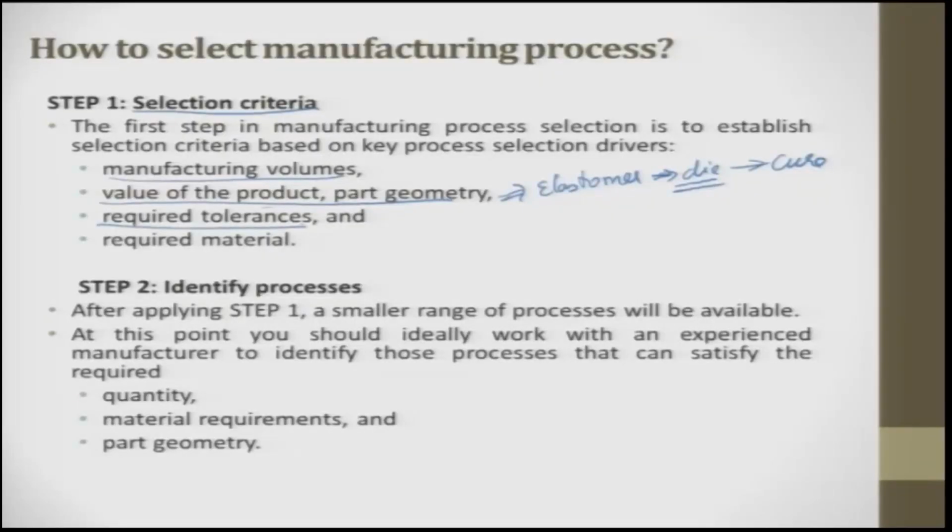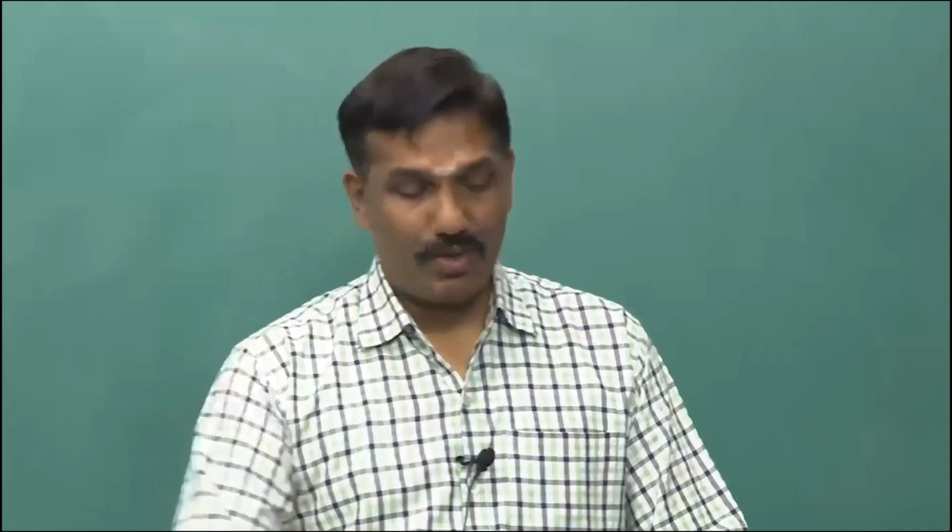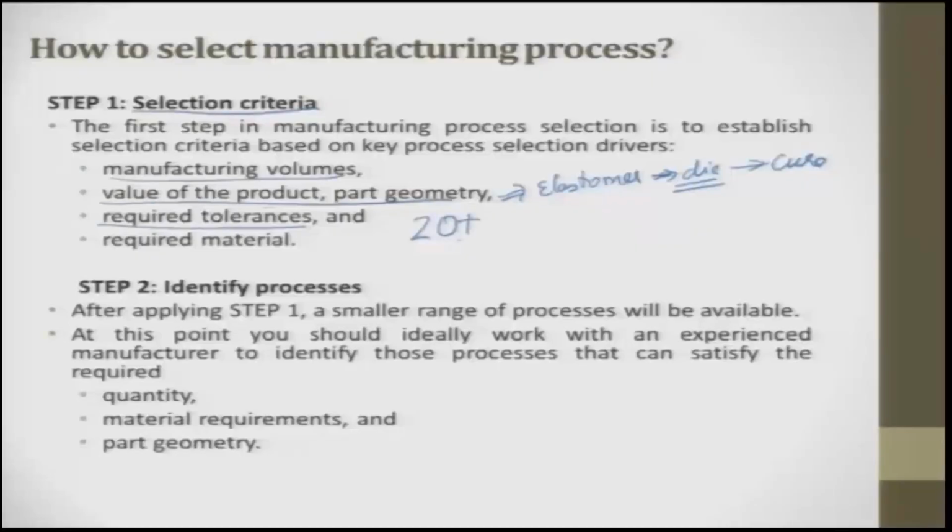Next is the required tolerance. The tolerance, if it is very tight or if it is very small, then it demands for more and more processes. For example, you turn, afterwards you try to grind, and then you try to lap, whatever it is. Why? Because the tolerance is given. For example, if you say 20 plus or minus 0.1, then I will do turning. If I do 20 plus or minus 0.01, I do turning plus grinding.